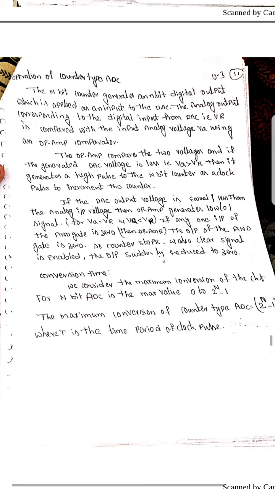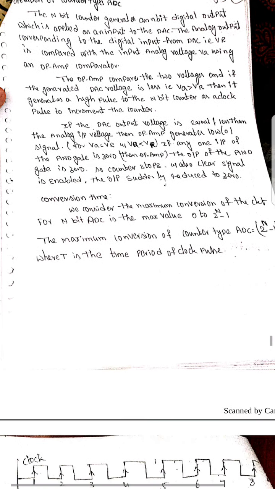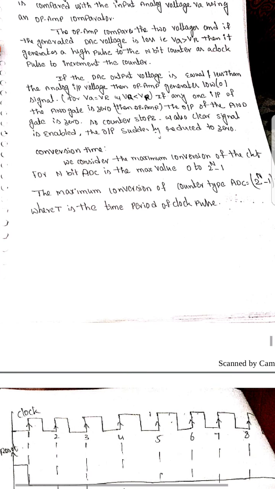The op amp compares the two voltages, and if the generated DAC voltage is less, that is VA is greater than VR, then it generates a high pulse to the n bit counter as a clock pulse to increment the counter. If the DAC output voltage is equal to or greater than the analog input voltage, then the output generates a low signal.